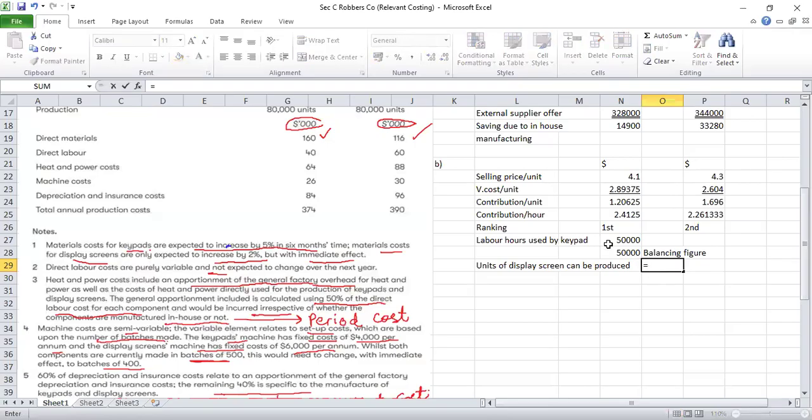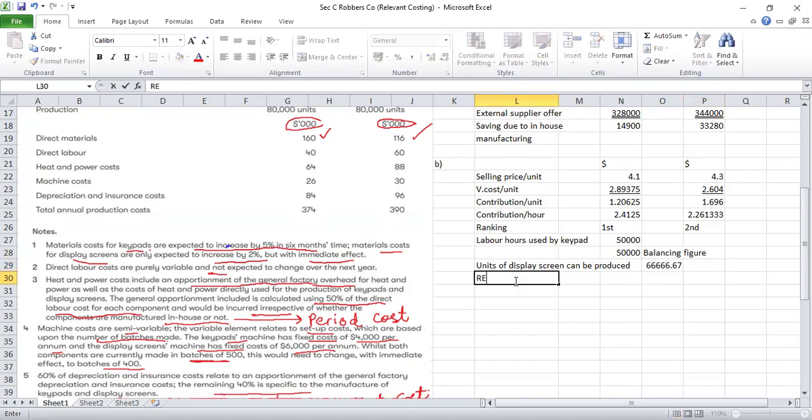It is equal to 50,000 divided by 0.75. So 66,667 units can be produced.